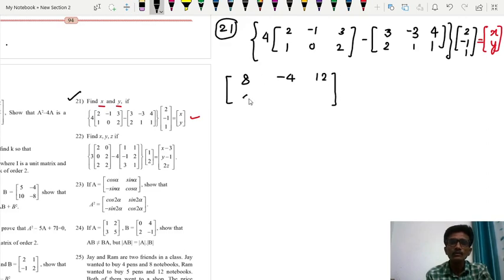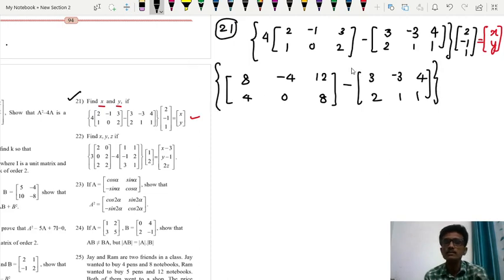Then this is 4 0 8. आफ्टर मल्टीप्लाइंग दिस ये आपको सब्ट्रैक्ट करना है. ये मैट्रिक्स 3 माइनस 3 4 2 1 1 2 1 1. ओके. सो हियर मल्टीप्लाइड विथ दिस मैट्रिक्स, कॉलम मैट्रिक्स है ये यहाँ पे 2 माइनस 1 1 एंड दैट इज इक्वल टू एक्स वाई.